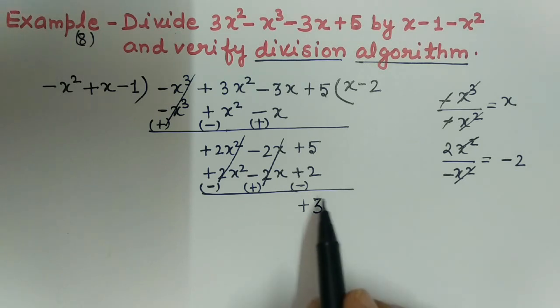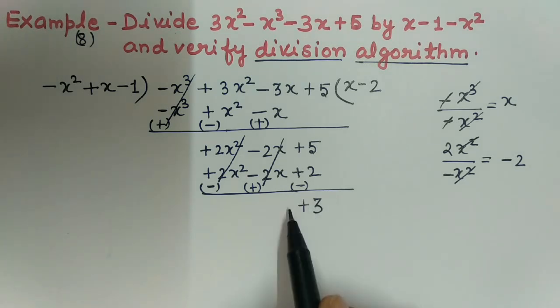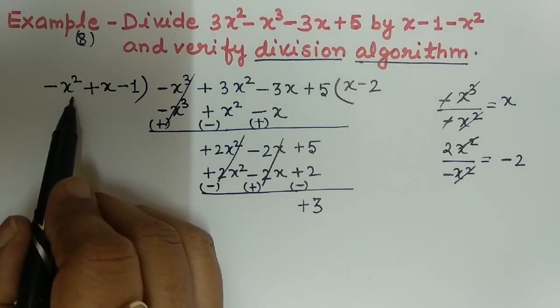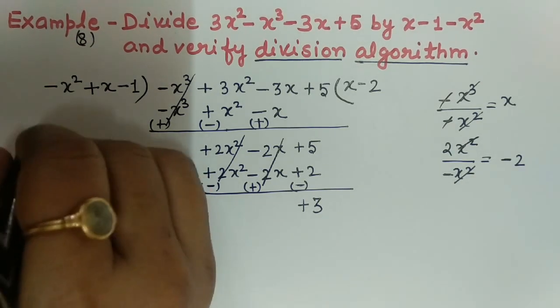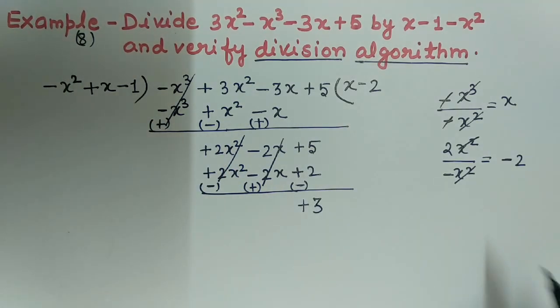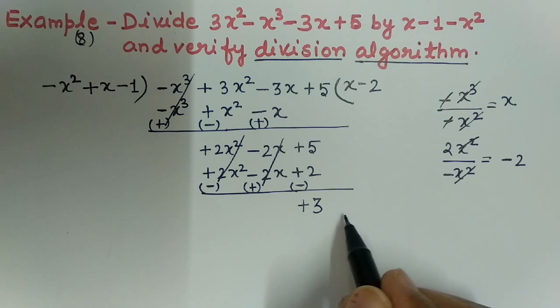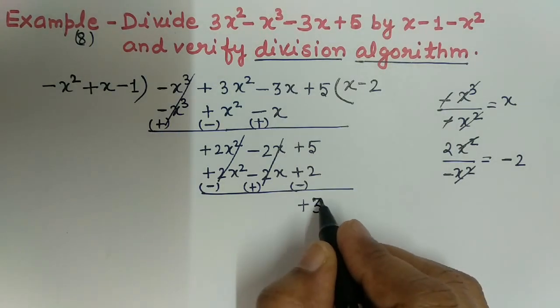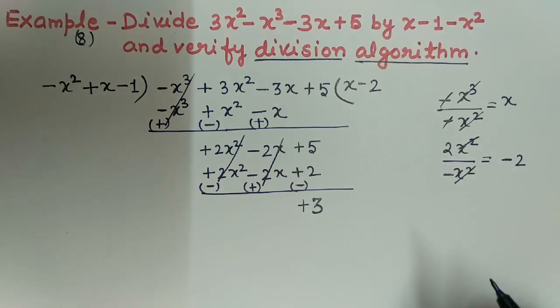Now check, this is our new dividend, and this is our divisor. So the degree of divisor is 2. Degree of divisor is 2 and there is no variable, only a constant term as a dividend.